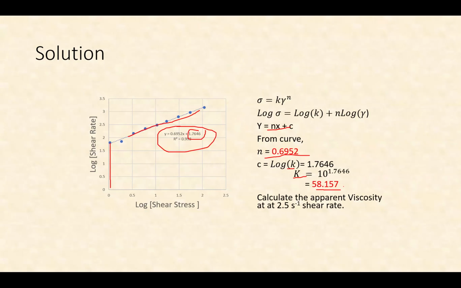Now, our prime concern is how to calculate the apparent viscosity at a particular shear rate, because when this polymer is injected into the reservoir, its shear rate may vary widely.